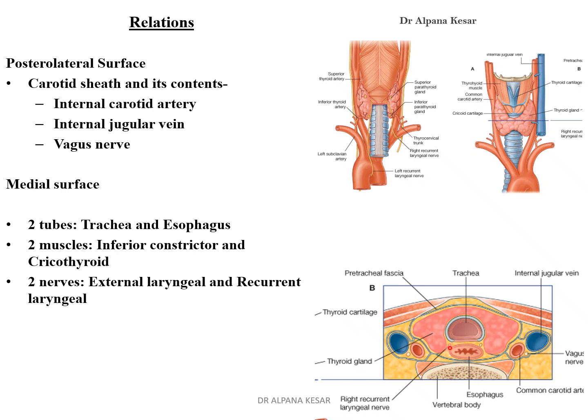The medial surface of the thyroid gland, which is this, is related to two tubes, that is trachea and esophagus, two muscles, that is inferior constrictor and cricothyroid, and two nerves, that is external laryngeal and the recurrent laryngeal nerves. These are recurrent laryngeal nerves.